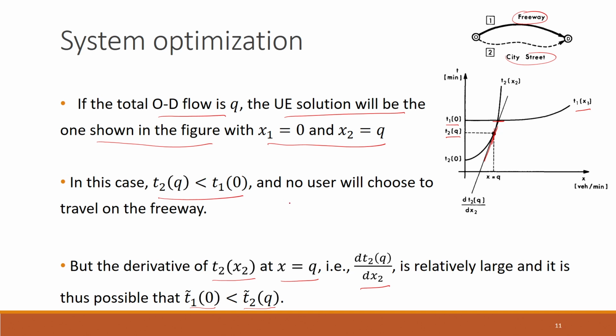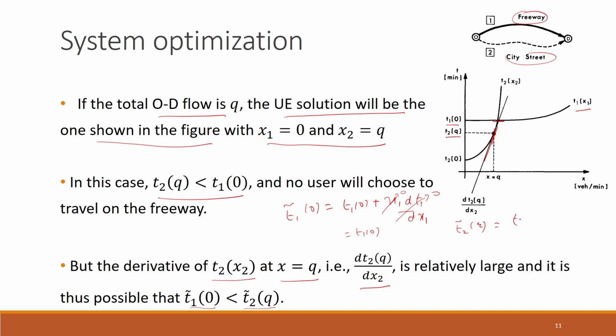So what is the marginal travel time of the first link? This is equal to t_1(0) plus the flow through link 1 times the derivative of the first link's travel time with respect to x_1. Now since there is 0 flow here and the slope is also almost 0, this is just equal to t_1(0). However, for the second link, what is the marginal travel time?